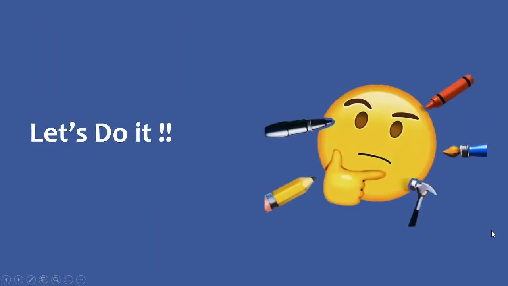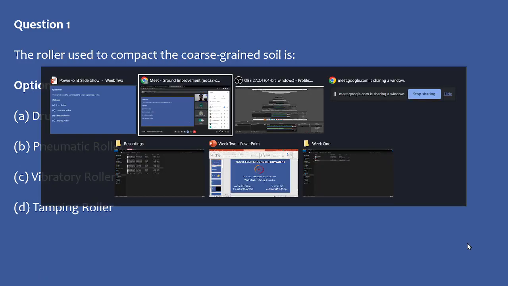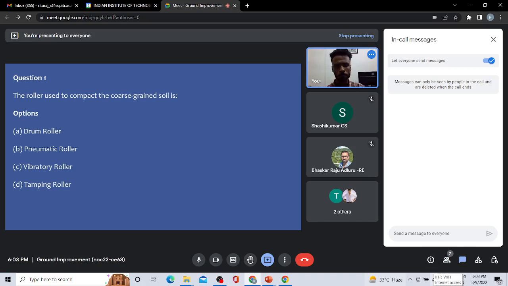So here is the first question. You can give your answers in the chat box. Which type of roller among these can be used to compact coarse grained soil? We have four options, and you can select any one of them.